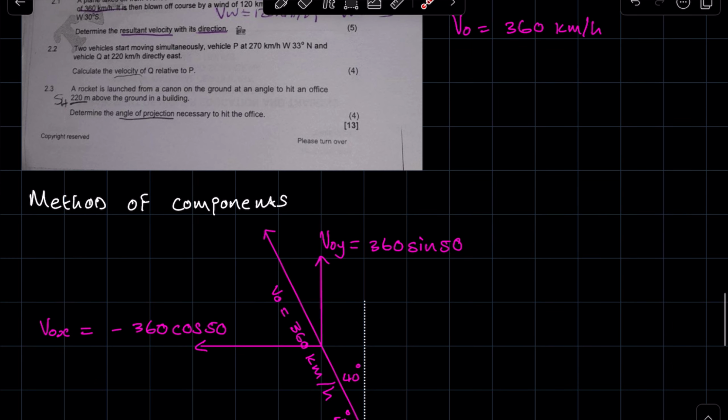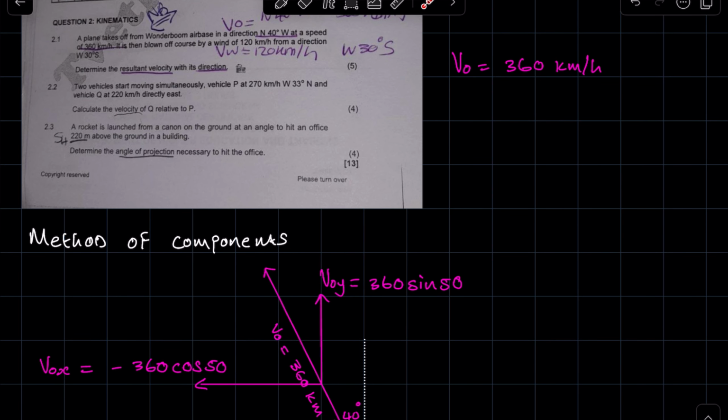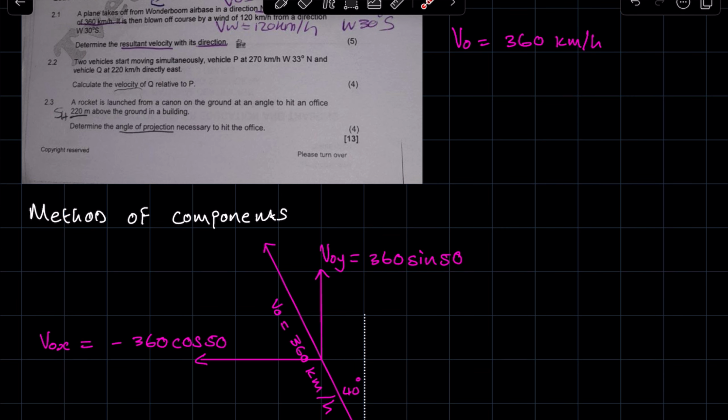As far as your wind vector, you always have to draw it going away from the point of intersection, the center of the Cartesian plane.